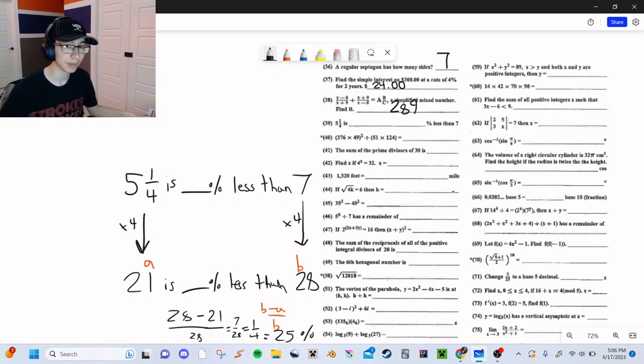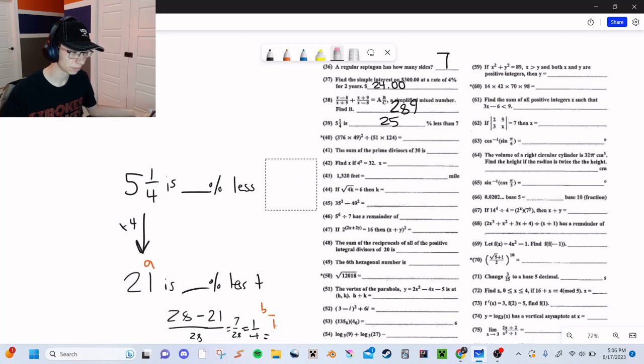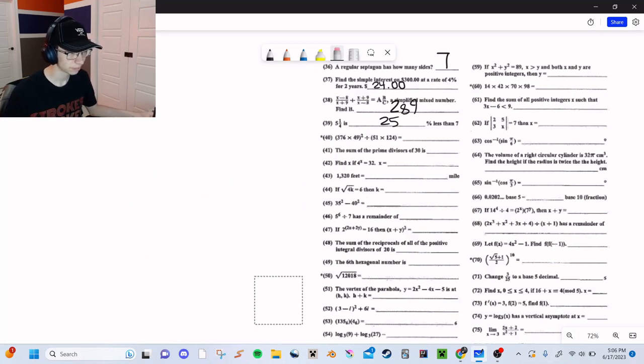So 25 is my answer. So remember, for that question, we kind of had to change our perspective on the question in a way that made it easier for us to solve. It's a really important skill to have in a lot of these number sense questions.